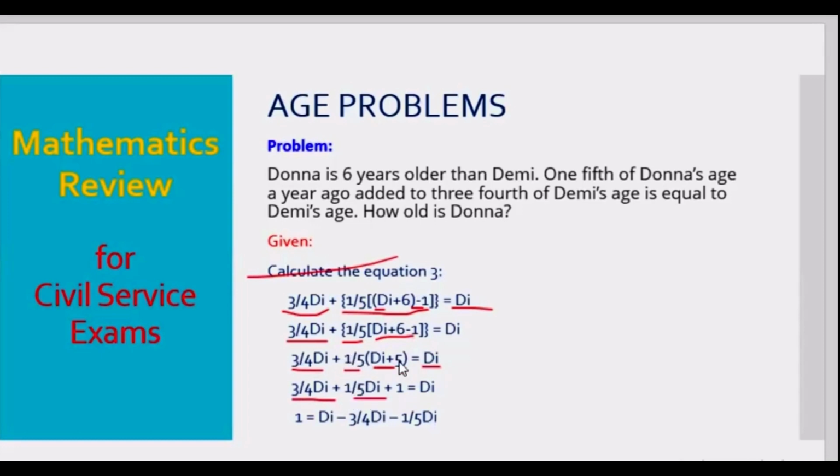So 1/5 times 5 is just 1, equals D. Combining similar terms, all the D terms go to the right, and the 1 I retained stays on the left. The 1 is equal to D. The 3/4 D becomes minus D here, and the 1/5 D becomes minus D.